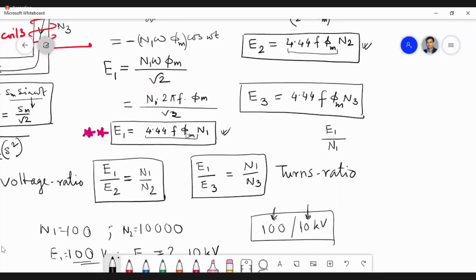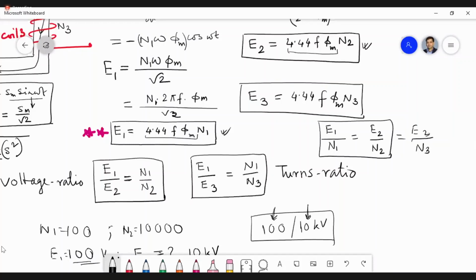E1 by N1 equals E2 by N2, isn't it? Or if we have a third coil also, we can write E3 by N3.